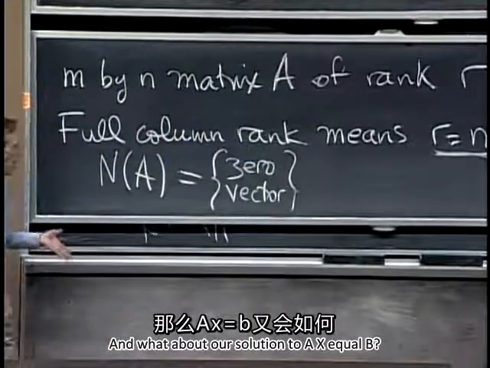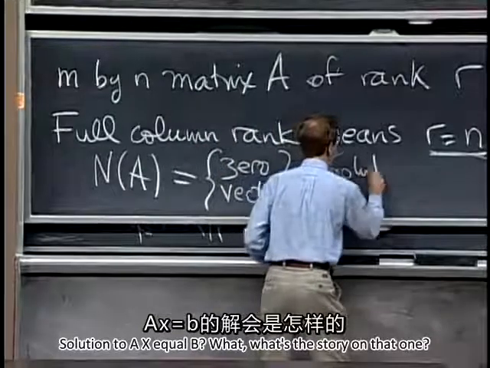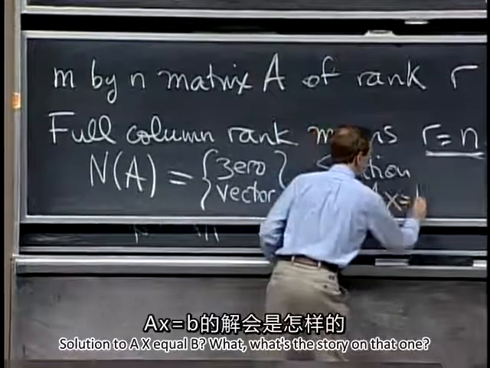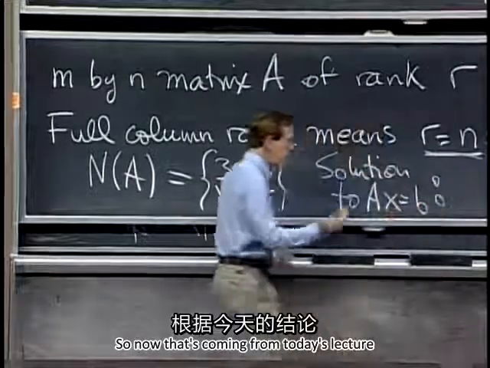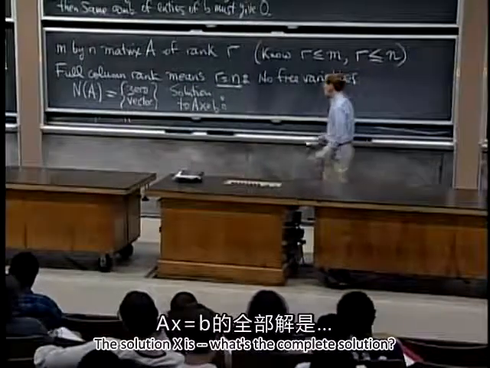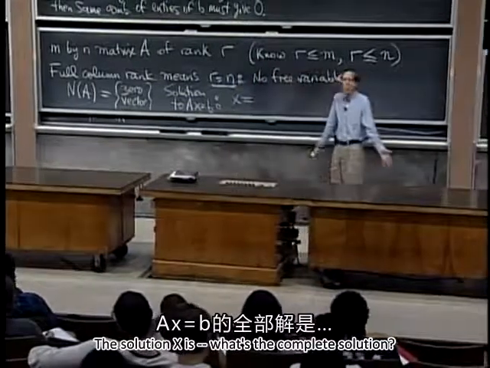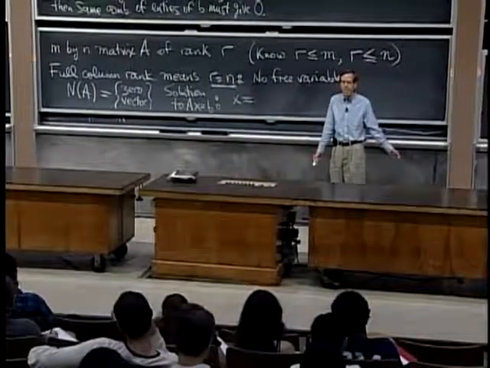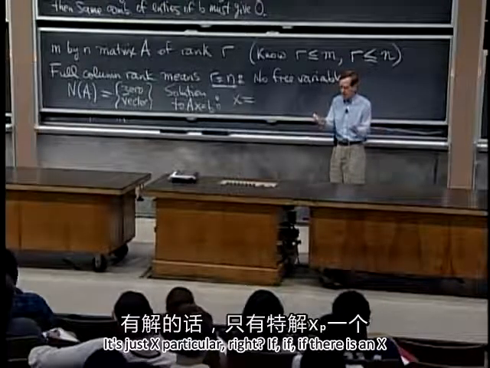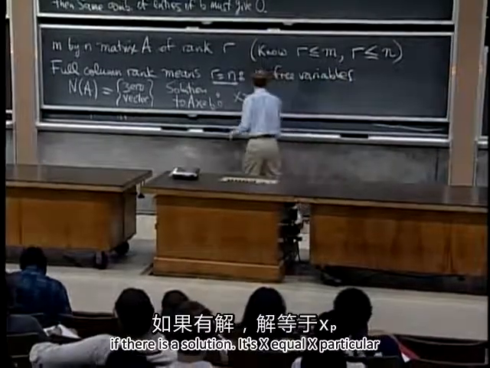And what about our solution to AX equal B? What's the story on that one? So now that's coming from today's lecture. The solution X is, what's the complete solution? It's just X particular, right? If there is an X, if there is a solution. It's X equal X particular.